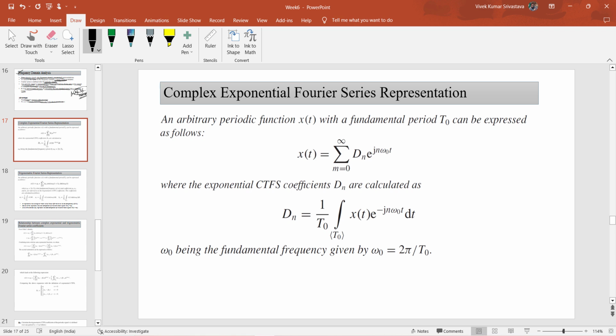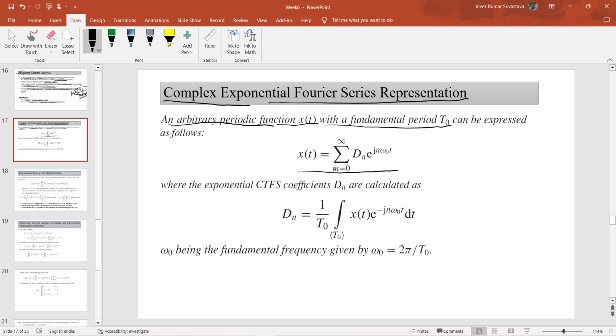Let us move ahead and see how to define the Fourier series for a signal x of t. The first one is the complex exponential Fourier series representation. If any arbitrary periodic function x of t with a fundamental time period t naught is given, then x of t is represented as x of t equals summation n equals minus infinity to infinity d of n e raised to the power j n omega naught t.